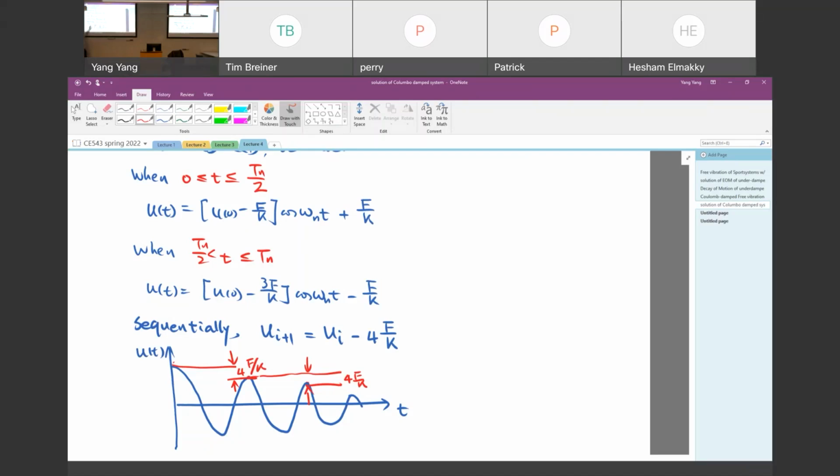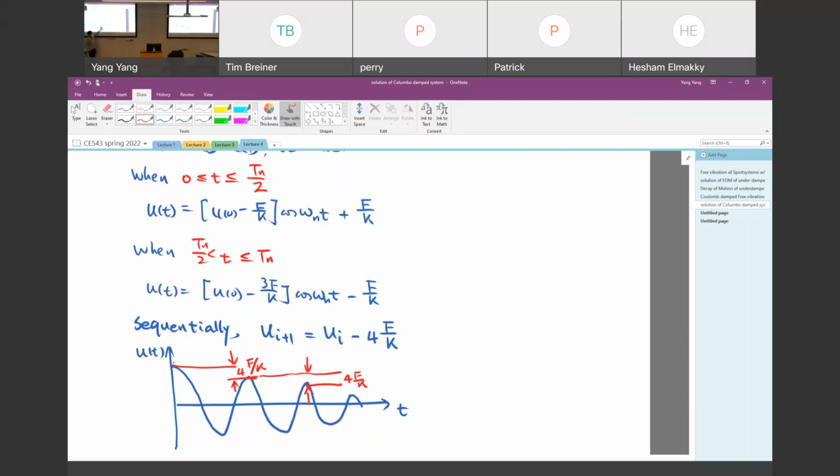The peak value always occurs at the start point of each cycle because the friction will reduce the maximum displacement. Based on the derivation here, the difference between the peak value for the first cycle and the peak value for the second cycle will be 4 times F over K.